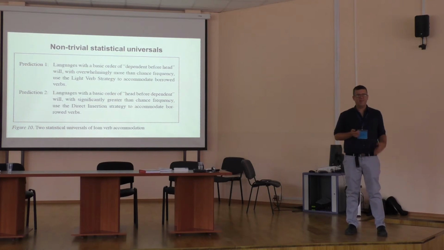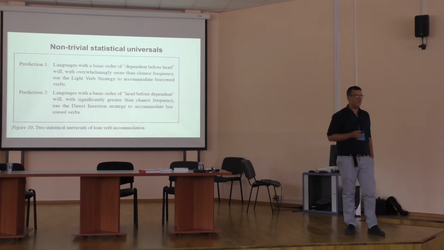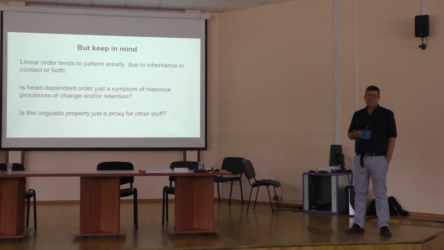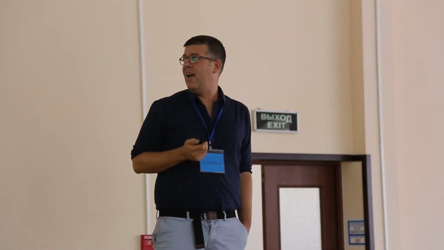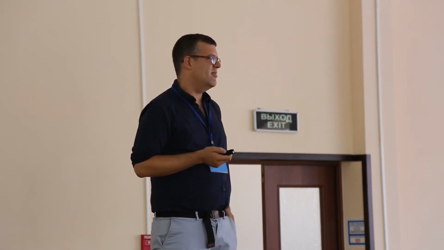Now, because you guys are all typologists and you come from this part of Eurasia, I mean, well, some of you do at least, this might also raise questions, this kind of universal, right? Because linear order tends to pattern areally due to inheritance or contact or both. So maybe this head-dependent thing is just the result of history.